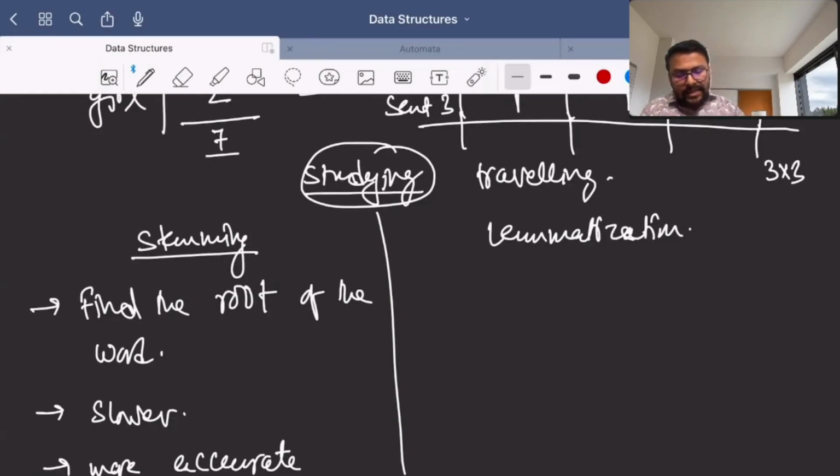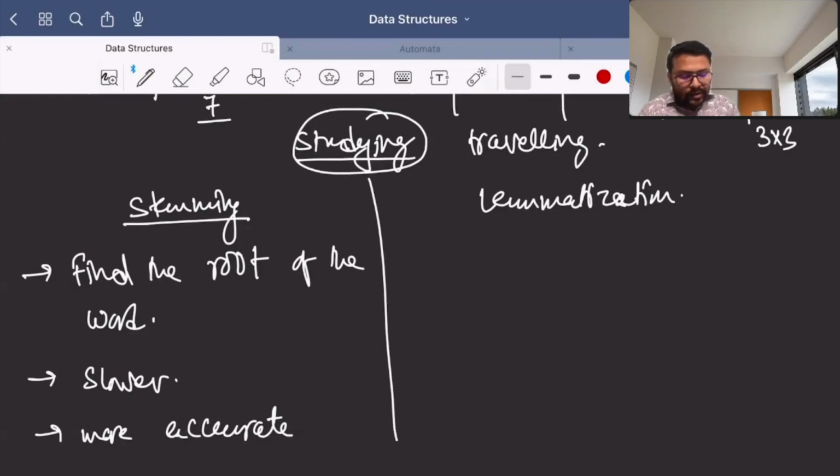Because let's say we have a dictionary. I am just trying to tell you how stemming is implemented inside Python. I'm trying to give you some glimpse of how stemming can be implemented. Not exactly, but trying to make you understand. So let's say we have a dictionary, and this dictionary has some words.